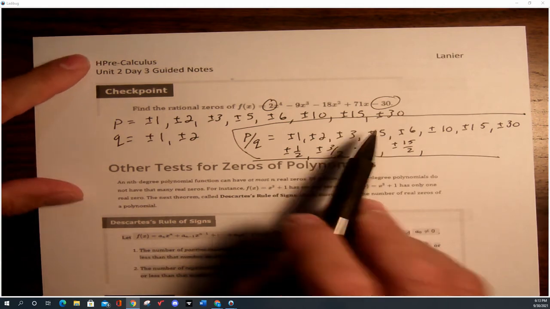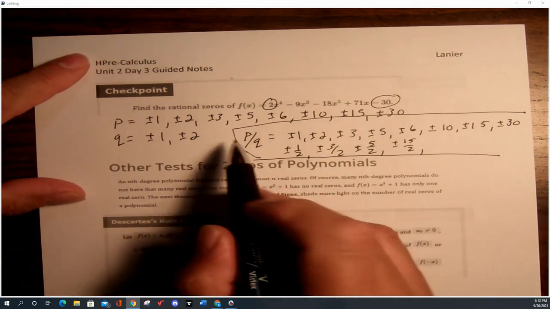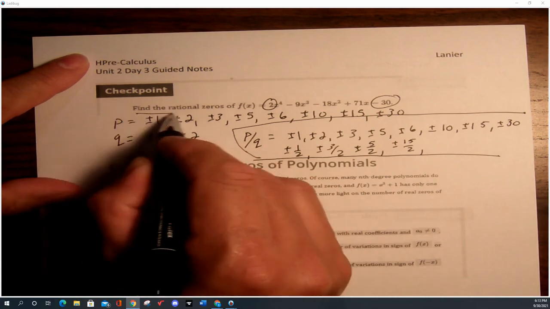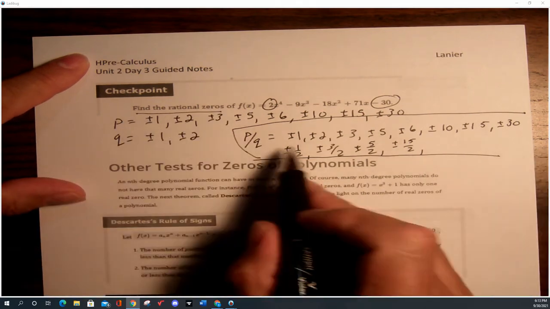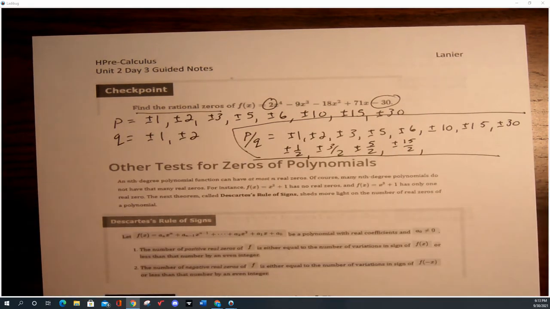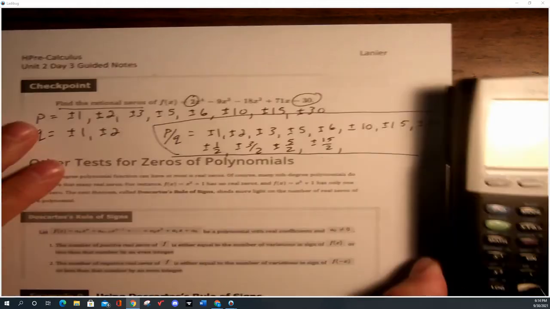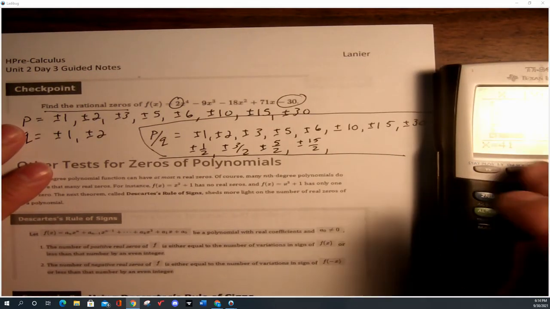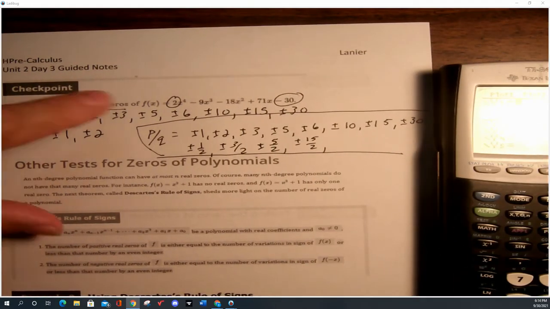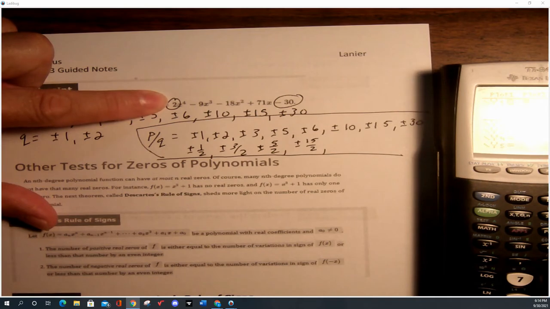All right, so how do I tell which one of these? Now, this does ask, find the rational zeros of. This is the list I'm going to work with. So I need to have my calculator. And in my calculator, I will type in this function.